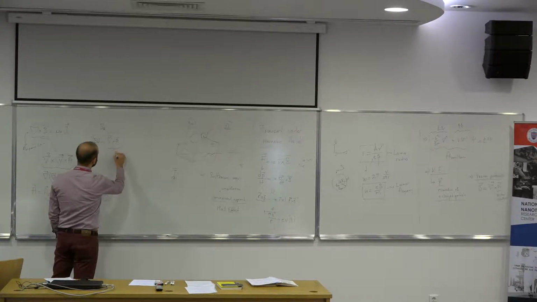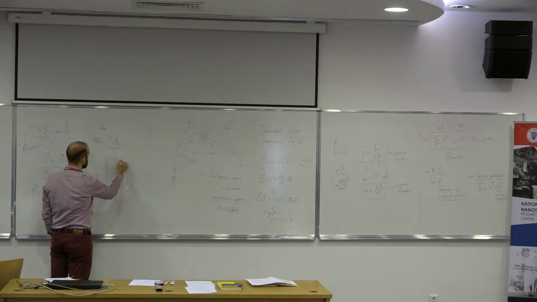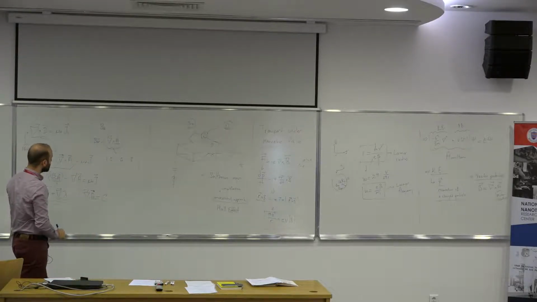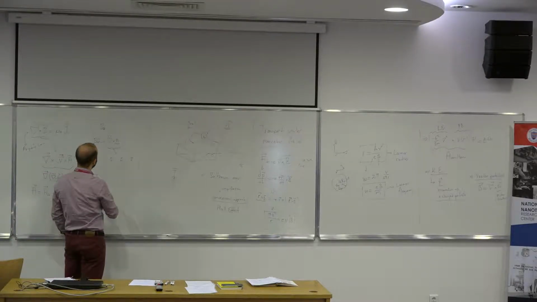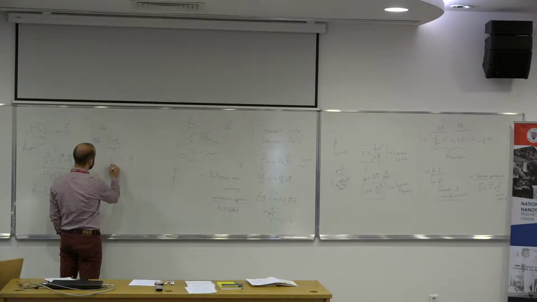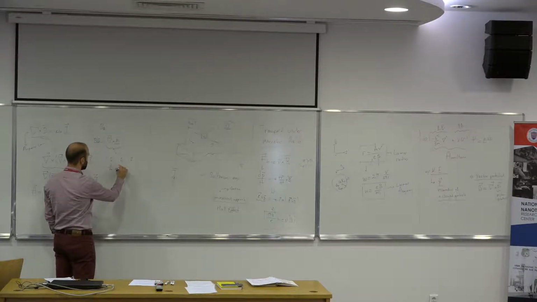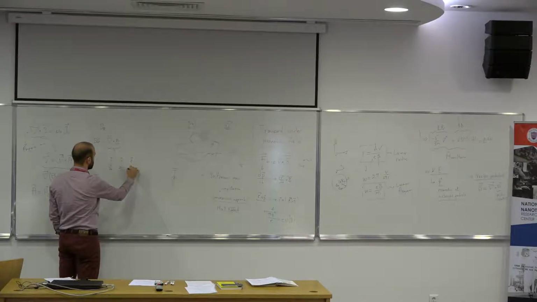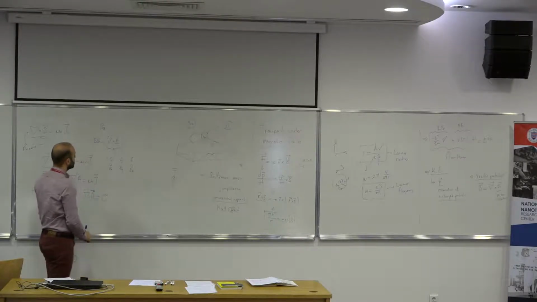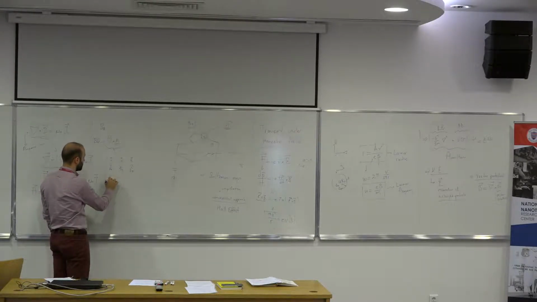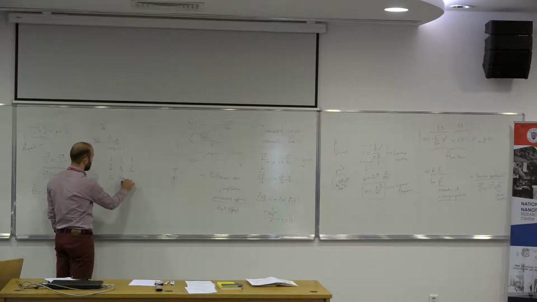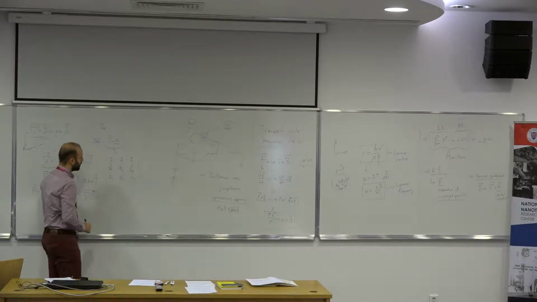So the way I do this is I have X hat, Y hat, and Z hat. And then I have derivative over X, derivative over Y, derivative over Z. Then I have my X component, Y component, and Z component.